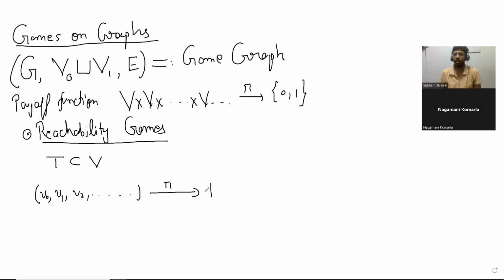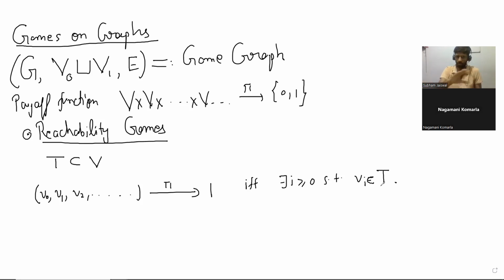It should go to 1 when some vi, for some whole number i, belongs to T. Exactly. So this goes to 1 if and only if there exists an i greater than or equal to 0 such that vi belongs to T. Perfect. Correct.